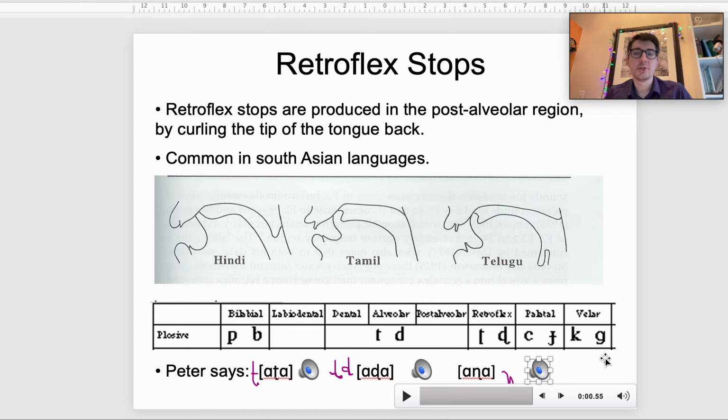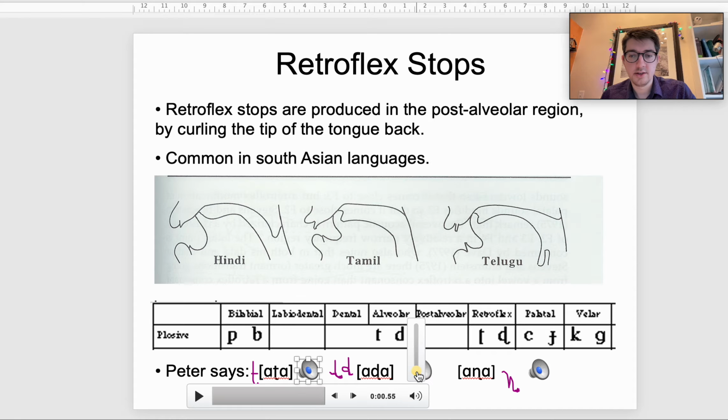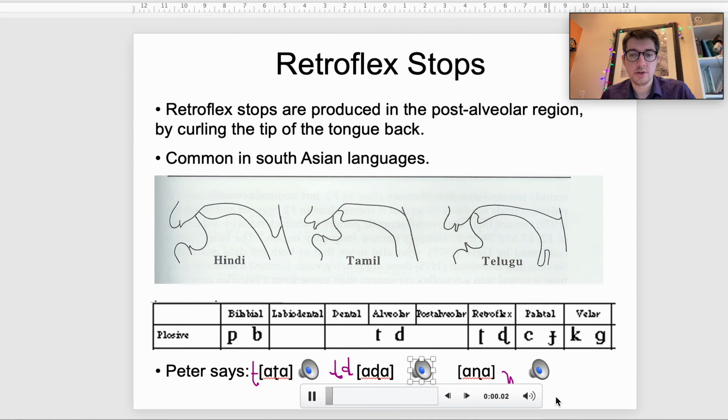Right, so you're as if you're producing this retroflex R, which should be easy for you, even easier than for me because I'm not a native speaker of English. But just lose this retroflex R and produce t, d, n, as in arta, arda, arna.